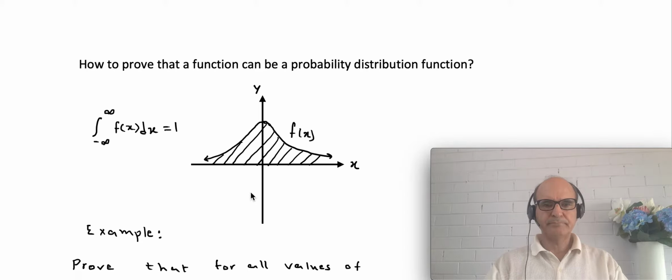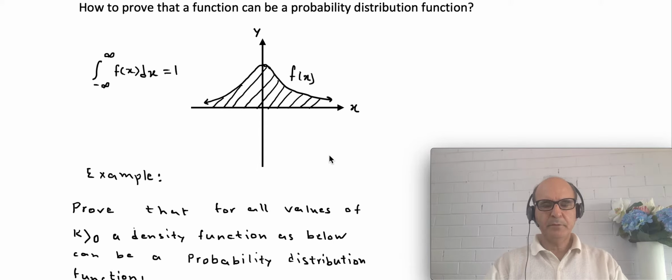So all we need to do then is to show that this area is equal to 1, the area of the distribution function all the way from minus infinity to infinity.